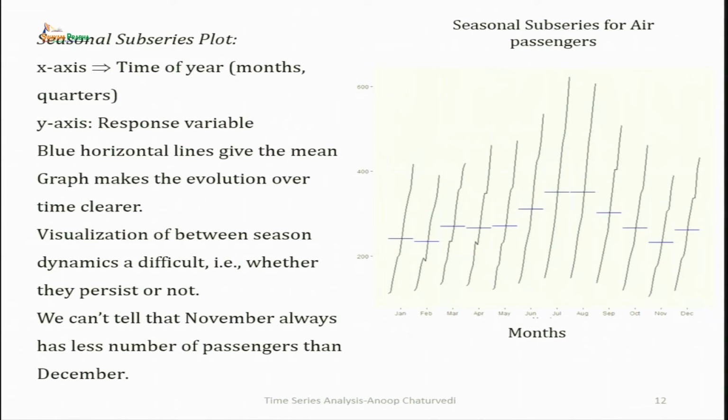Now, this is the seasonal subseries plot. Again, on the x axis we have time of years, months or quarters, etc. One thing you must remember, for all these graphs, you must know the period of seasonality, whether it is monthly seasonality or quarterly seasonality, etc. So, suppose the data is monthly data and you have some kind of monthly seasonality.